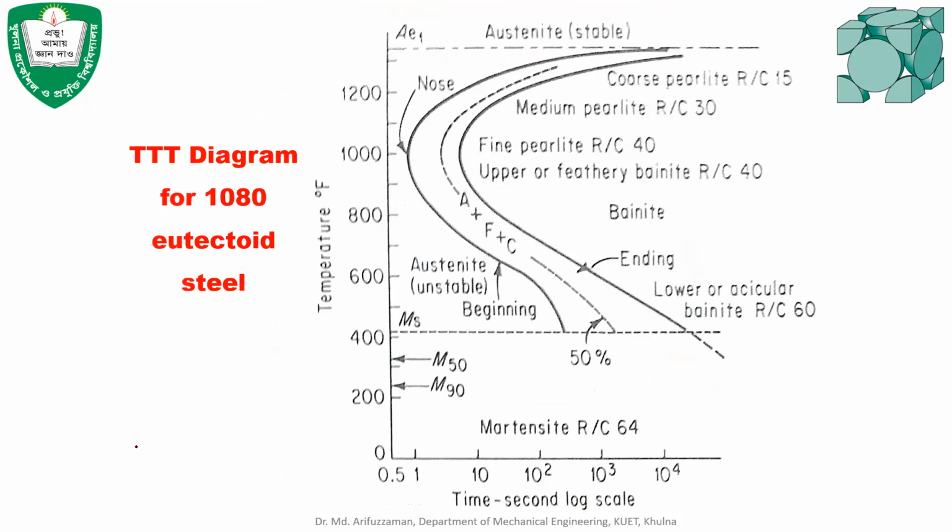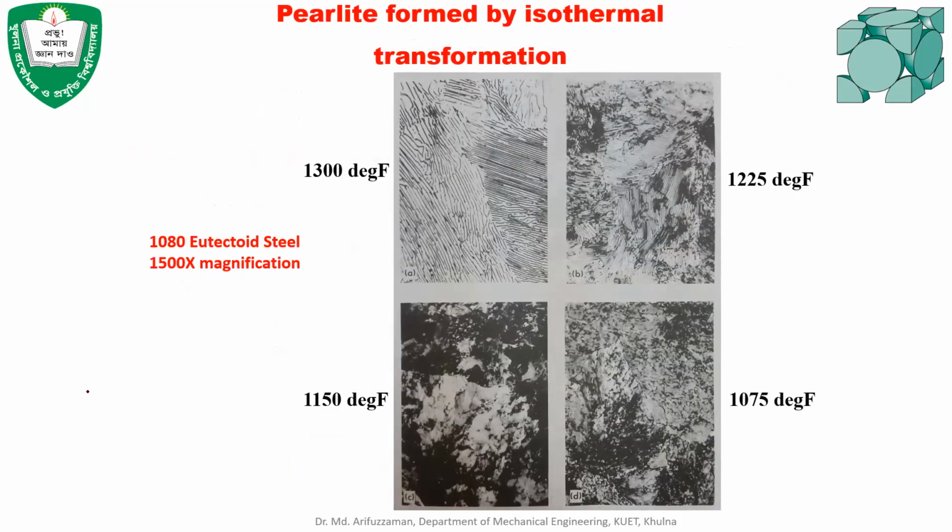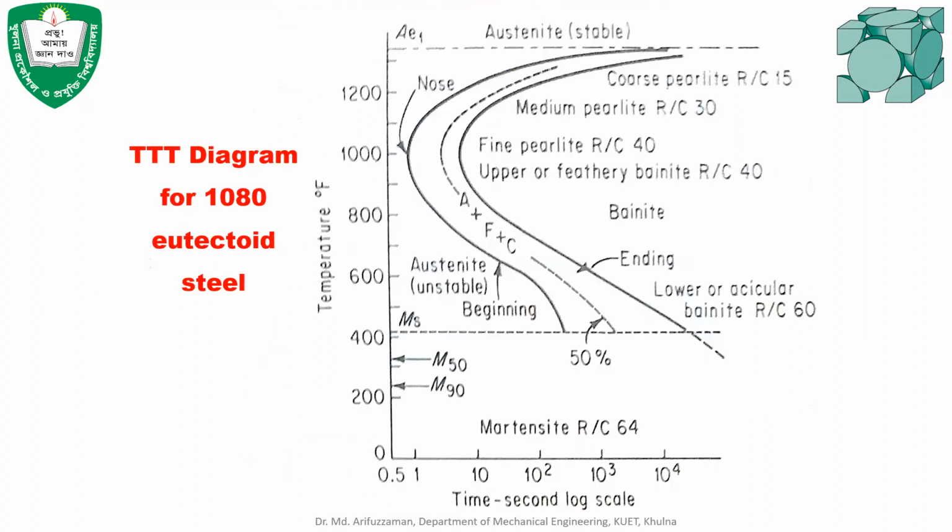We have already talked about this, so let's move to the next one. These are the microstructures at 1500x magnification. At 1300 degrees Fahrenheit, perlite will be produced. For example, here the coarse perlite will be produced.